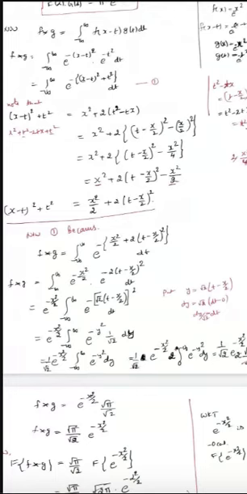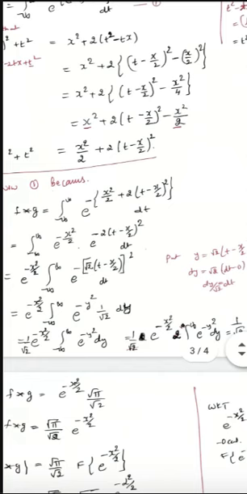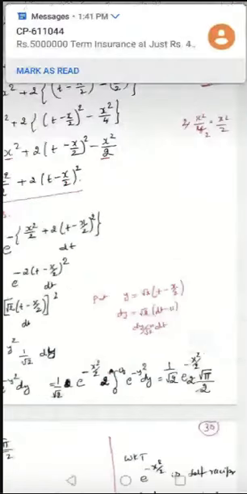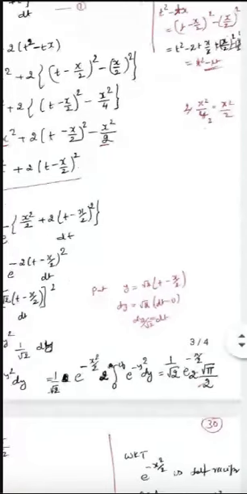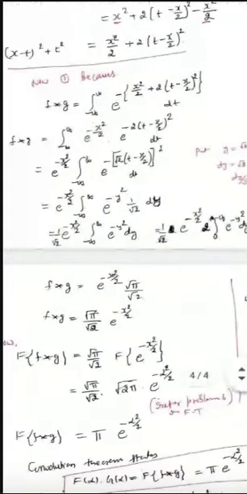E power minus y square dy: it's an even function, so 2 times 0 to infinity e power minus y square, with 1 by root 2 into 2 here. Of course, integration e power minus y square dy is nothing but root pi by 2. Root 2 gets cancelled. F star g becomes root pi by root 2 e power minus x square by 2, which is the answer for f star g.